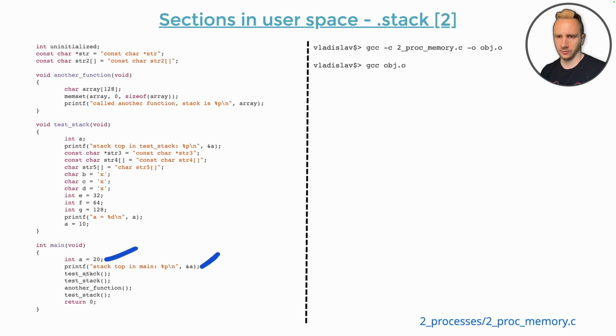And then I call function testStack 2 times. The function testStack also has variable a and also prints the address of this variable. And then it prints the variable, and only after printing it, it gets assigned. And it happens 2 times, because I call this function 2 times.